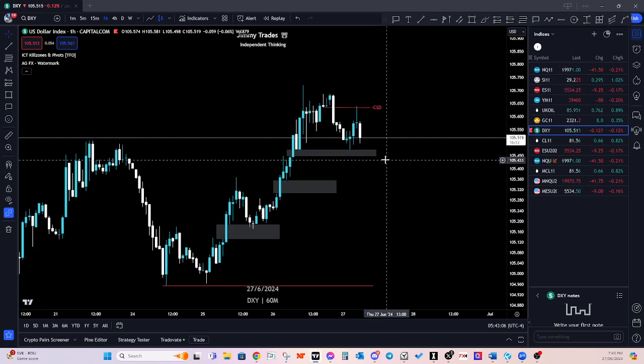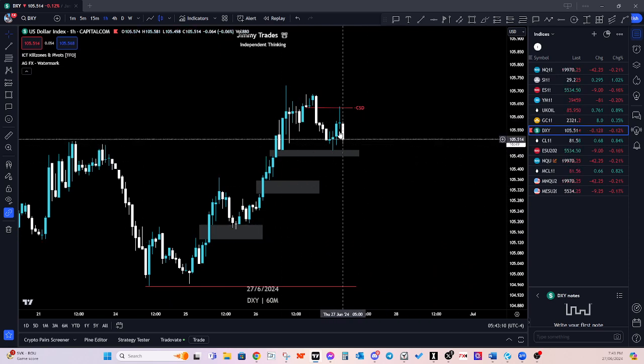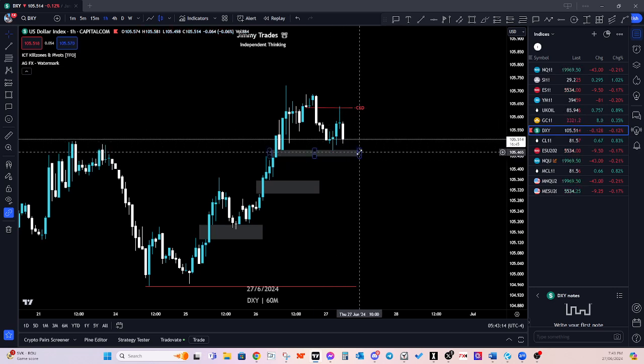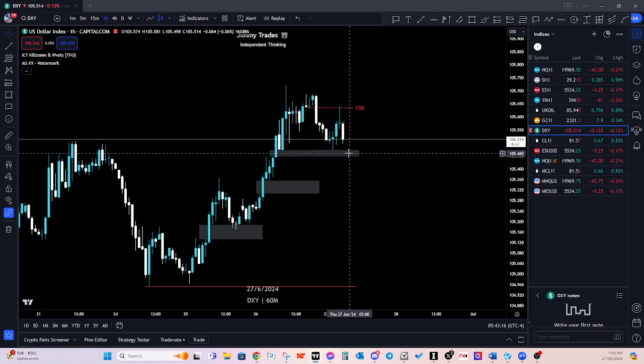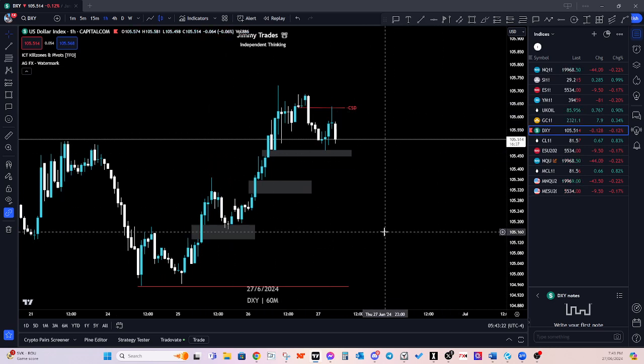So at the moment, we're potentially moving bearish until this hourly FVG here fails. If it fails, I'm just going to remain neutral on the hourly chart for Dixie right now.